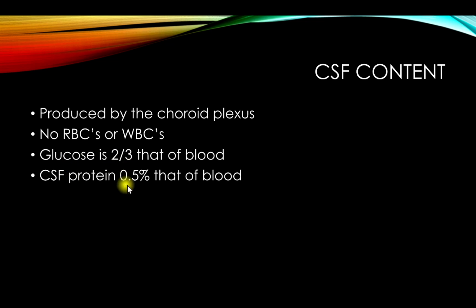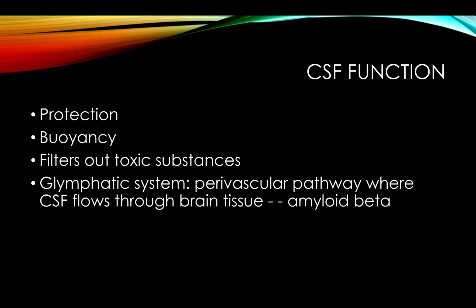You can see very little protein in the CSF, only 0.5% that of blood. So again, the CSF serves a very important protective cushion effect around the brain and the spinal cord. The brain literally floats in the CSF. Also very important for filtering out toxic substances.